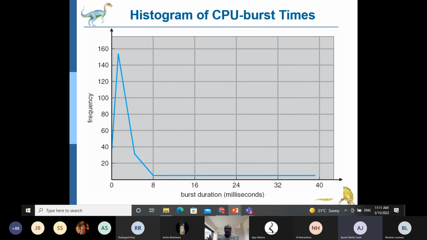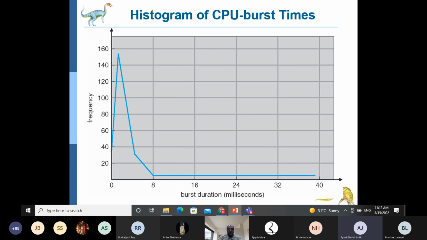So a CPU burst is a contiguous time interval in which the process is continuously using the CPU, right?